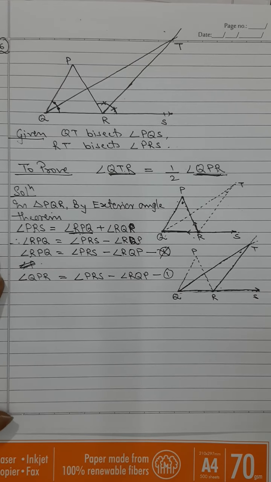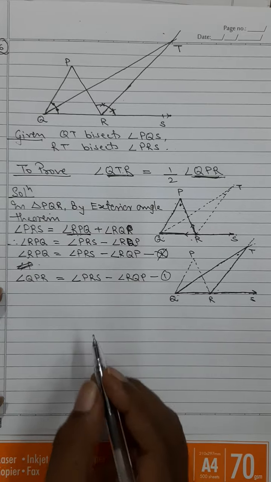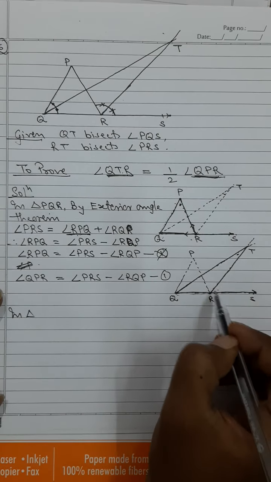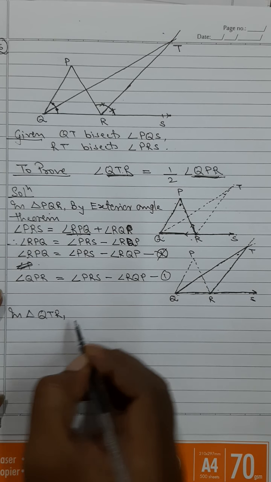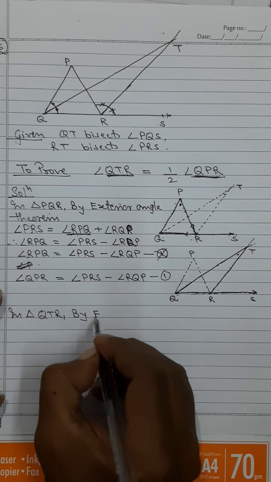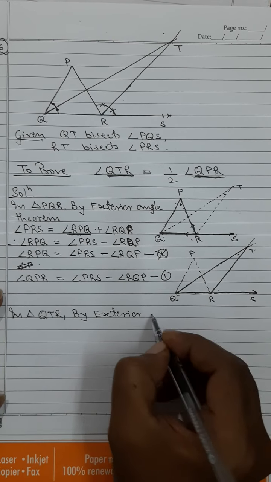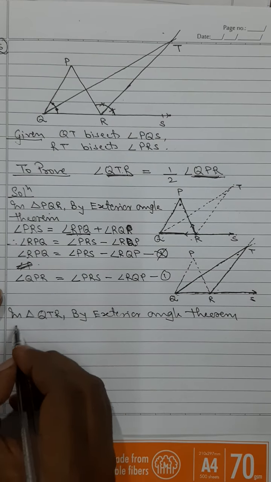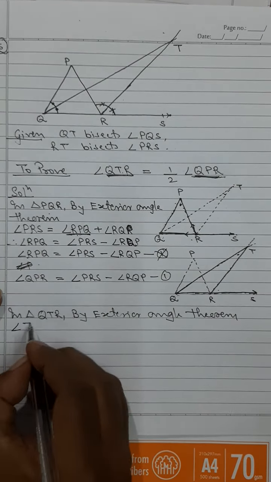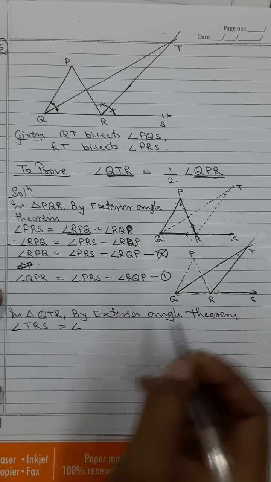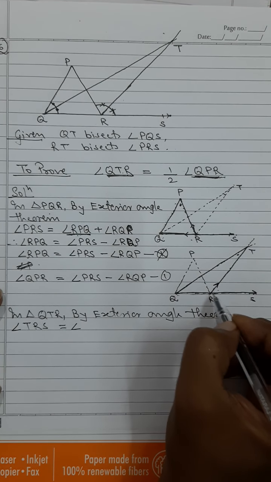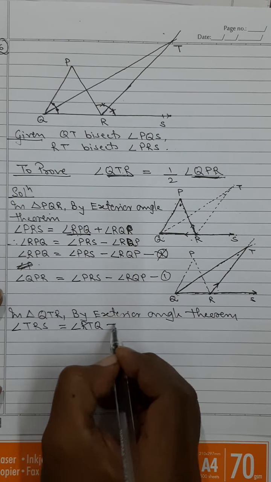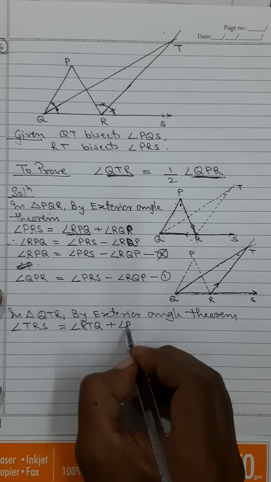Similarly, I will get it over here. So in triangle QTR, again by the exterior angle theorem, what do I get? Exterior angle is angle TRS. Angle TRS is going to be equal to angle RTQ plus angle RQT.